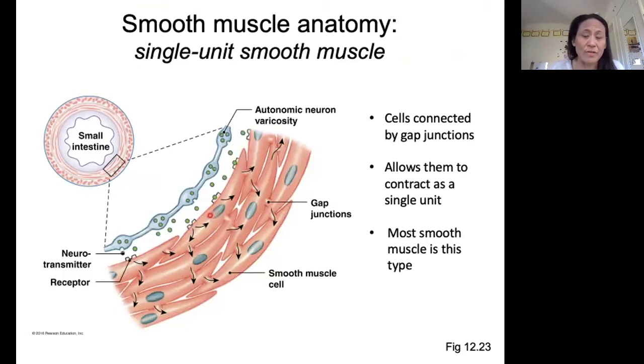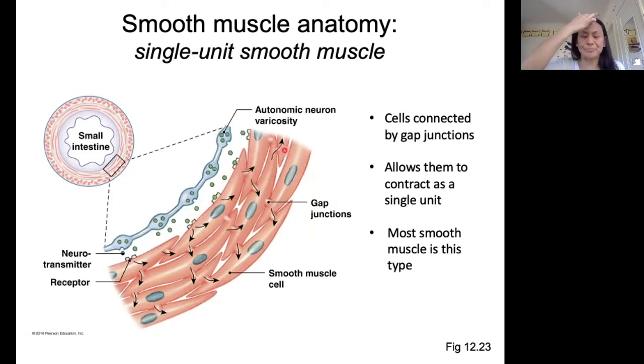Very different from skeletal muscle, where we had our super long muscle fibers that had lots and lots of nuclei in them. In smooth muscle, we have individual cells with single nuclei. And in single unit smooth muscle, those cells are connected to each other by gap junctions.